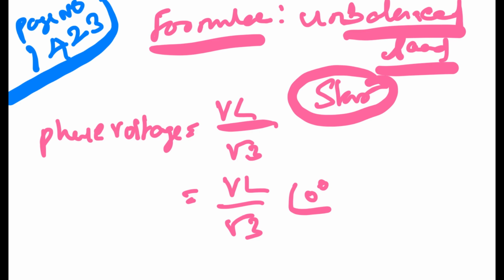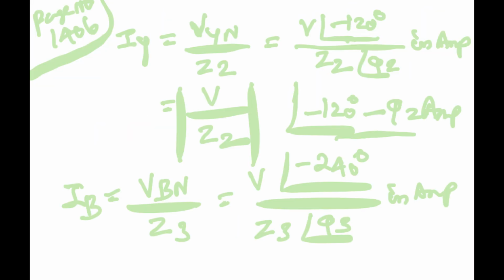Unbalanced load important formula: phase voltage is VL divided by root 3, angle of 0 degree. IR is VR divided by Z1, IY is VY divided by Z2, IB is VB divided by Z3. Angle is important: VR has 0 degree angle, VY has minus 120 degree angle, VB has minus 240 degree angle. IN is minus of IR plus IY plus IB.